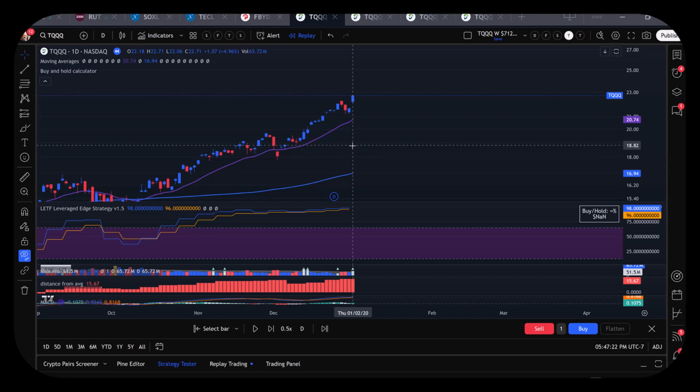I have it set right now for January 2nd of 2020, and I'll explain why in a couple of minutes. But first, I want to explain that there are actually a couple of different versions of the edge strategy.